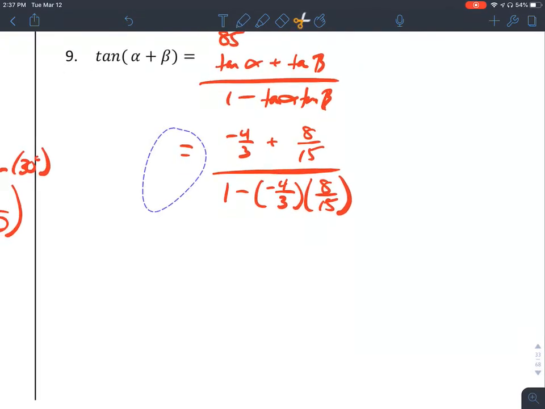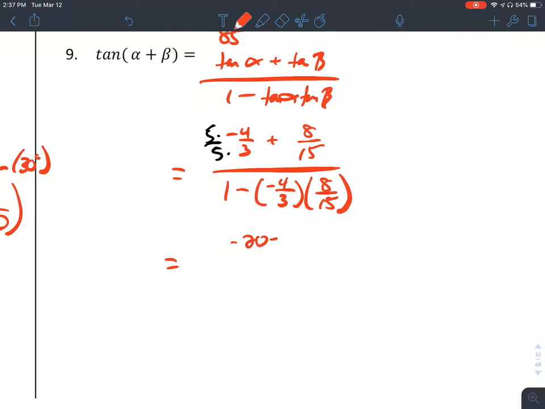I want to get common denominators in my numerator, so I'm going to multiply top and bottom by 5, which is the same as multiplying by 1. That gives me -20 plus 8 over 15 divided by my denominator. Subtracting a negative is like adding a positive. 8 times 4 is 32, and 3 times 15 is 45. I'm going to change this 1 to the common denominator, 45 over 45.